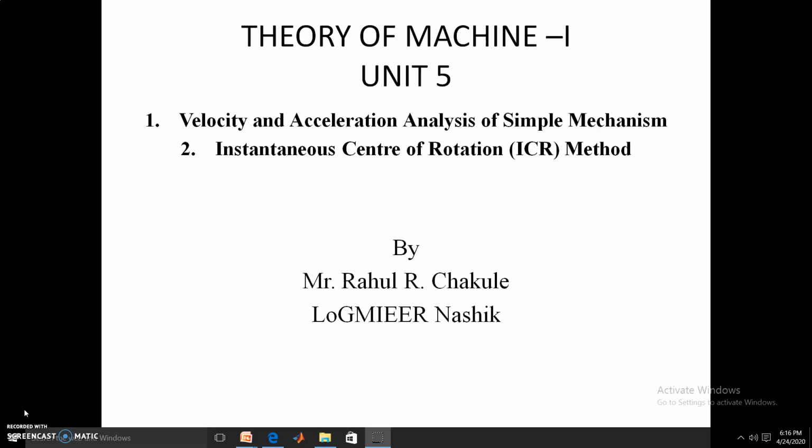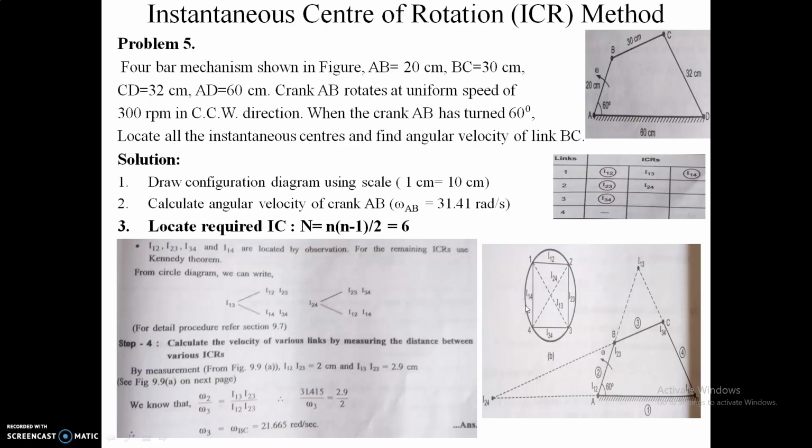Now, what is the process, how to solve the problems and how to apply these particular features, or we can say the steps, we will discuss by taking one simple example of a 4 bar mechanism, where I am using the method of IC, that is instantaneous center of rotation.